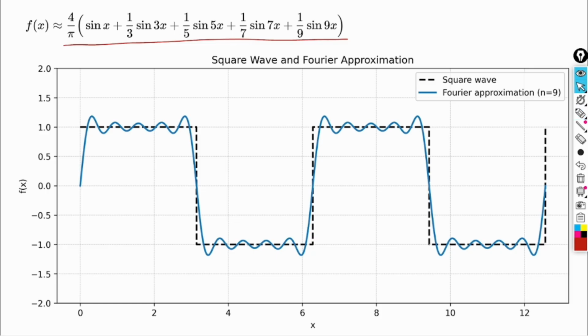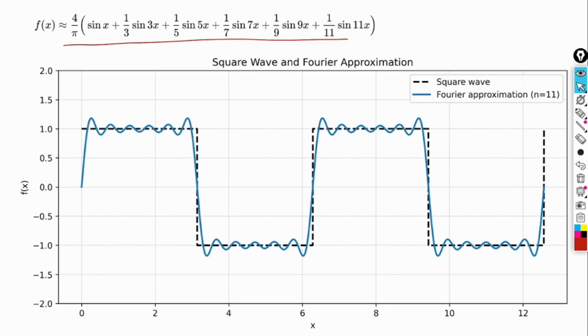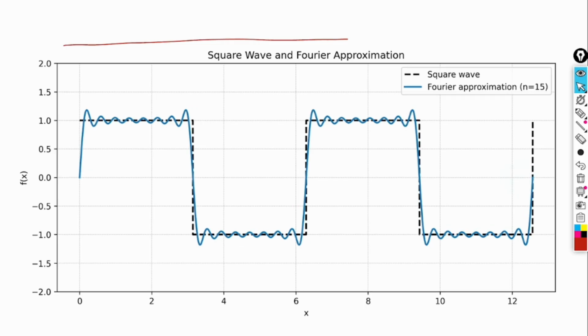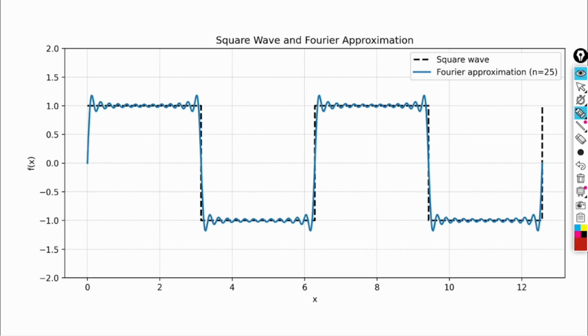Let's see for the next. This is when there are six terms. Then this is when there are seven terms. Then this is when it is eight terms. We will get this graph when n goes till 25.